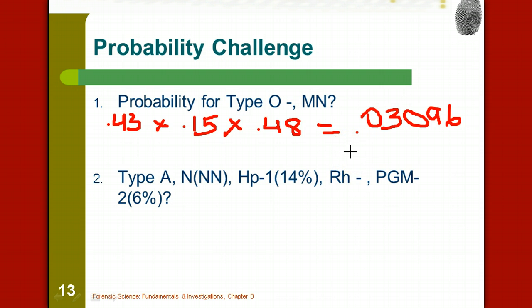So am I done? Nope, still got to multiply by 100. So my answer is 3.096 percent. Can you tell that that's a percent sign? It's not showing up very good. There we go. So that's what my answer would be. I know it's hard to see, but now see if you can do the next problem.